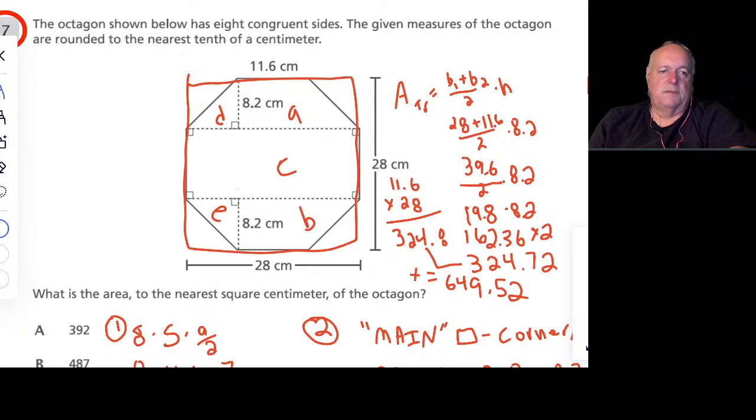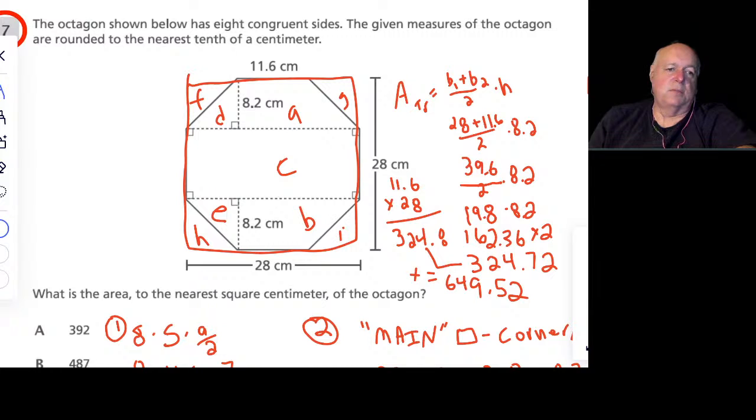Let's call this F. This is G. I know what the question is already, so I'm adding these in: G, H, and I. There's a whole bunch of subshapes in here. So A plus D is a trapezoid, and E plus B is a trapezoid. And D and E are triangles, right? So there are a couple of ways.